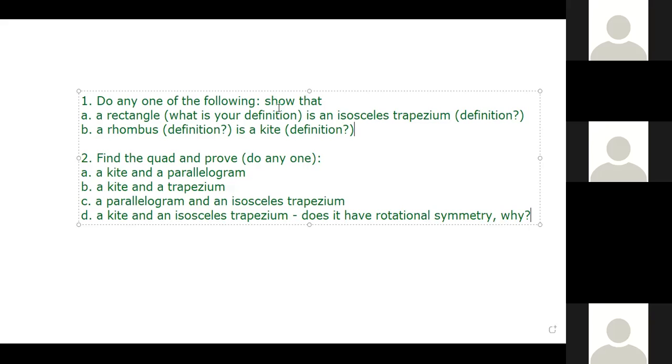These are the given parts, and these are to be proved.